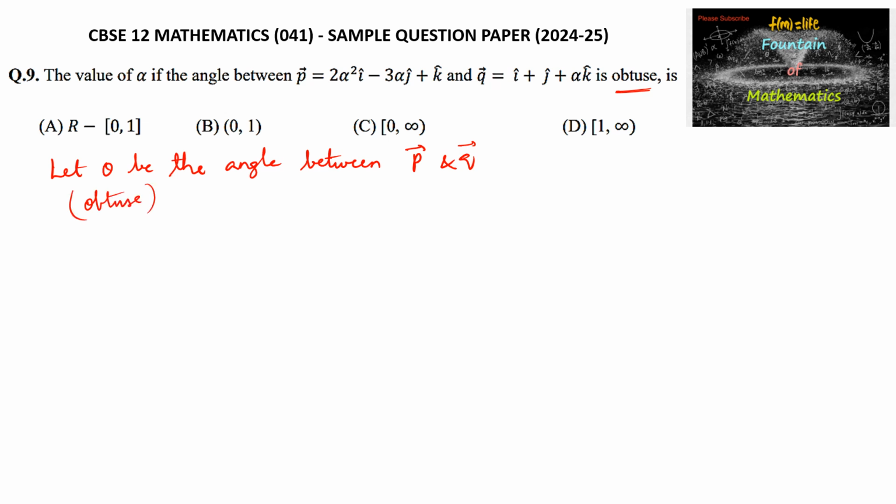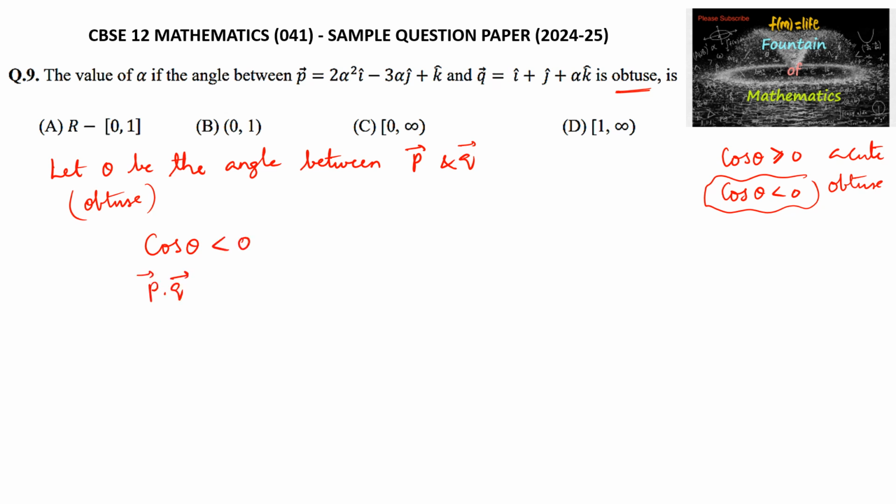So we know that if theta is acute, cos theta is positive, and cos theta is negative when it is obtuse angle. So for obtuse angle, we need to consider cos theta is negative, which implies cos theta is less than 0. That is, P dot Q, the dot product, should be negative.